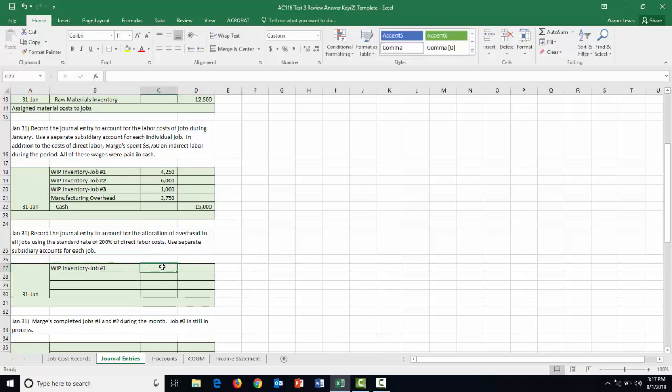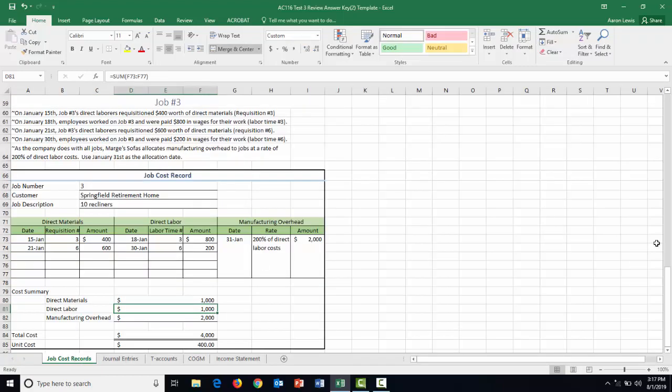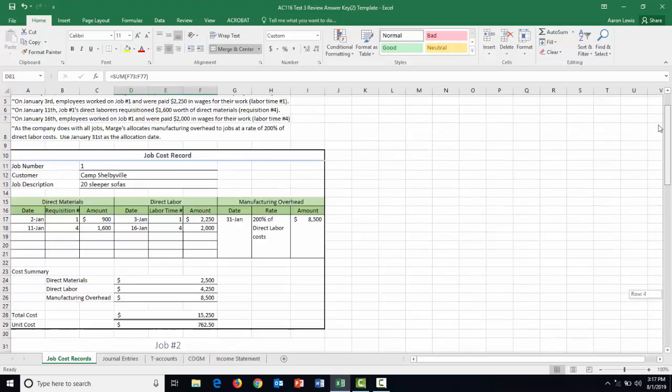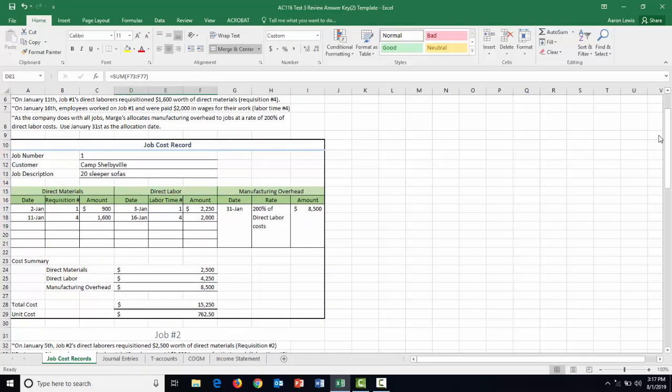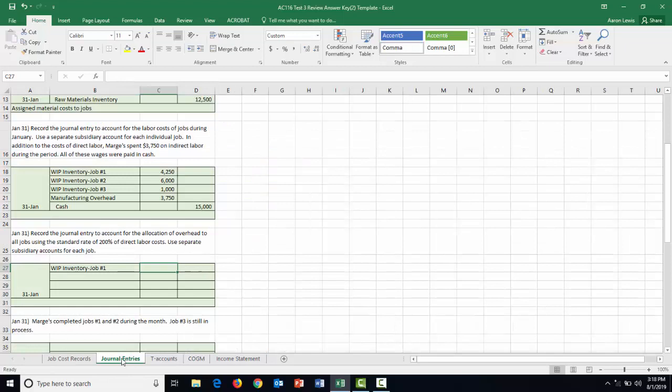And the amount that went to manufacturing overhead from job number 1, when we scroll up, is going to be equal to $8,500. So we go to our journal entry, and we fill in this $8,500.